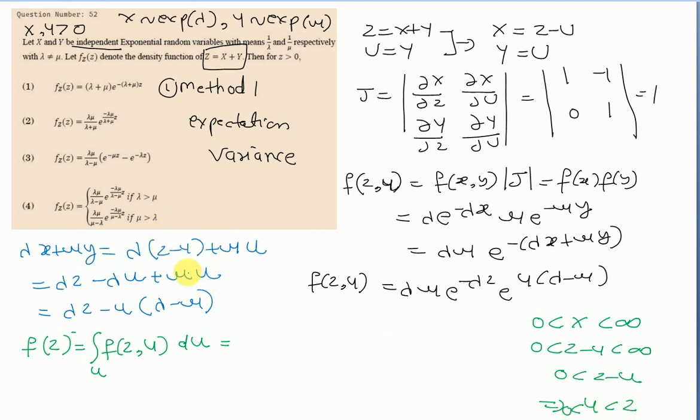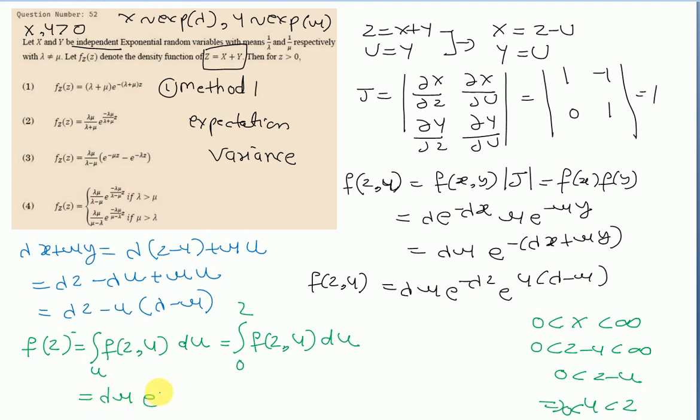So finally what we will write? We will write the integral from 0 to z of f of z, u du. Since we are integrating with respect to u, the terms lambda mu e raised to power minus lambda z are irrelevant, so we will take those terms out of the integral.